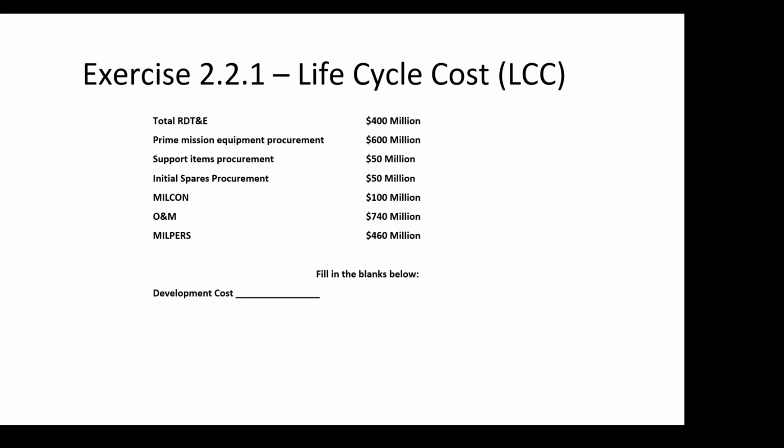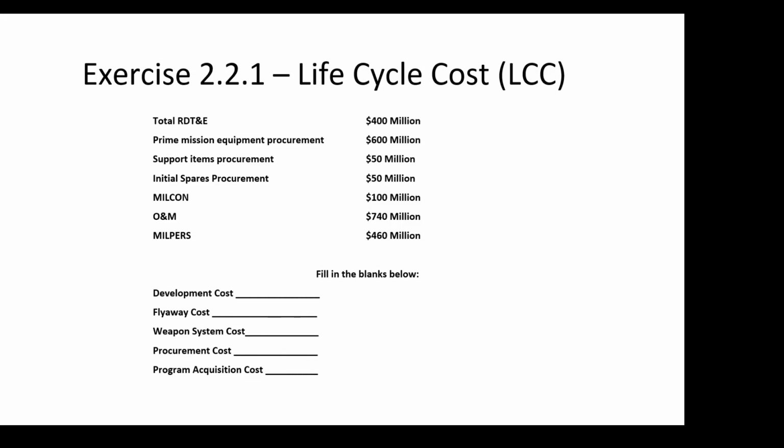So let me go: development costs, flyaway costs, weapon system costs, procurement costs, program acquisition costs, operations and support costs, and your total life cycle cost. So what is the development cost? We said development cost is my total RDT&E. Total RDT&E is given already, 400 million.